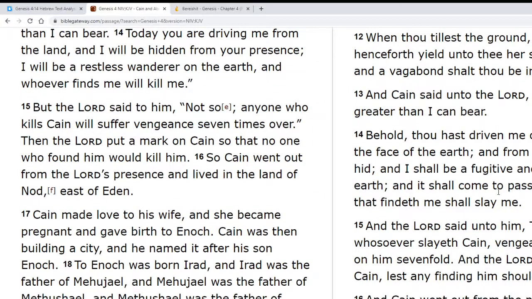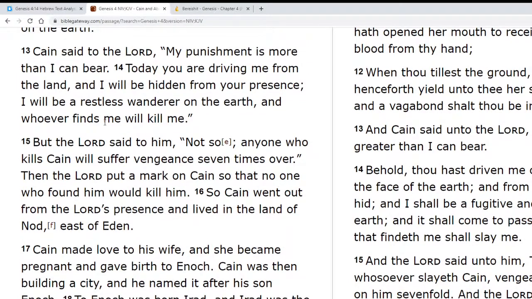Behold, thou hast driven me out this day from the face of the earth, and from thy face shall I be hid, and I shall be a fugitive and a vagabond in the earth, and it shall come to pass that everyone that findeth me shall slay me. Okay? And verse 14, here it is.